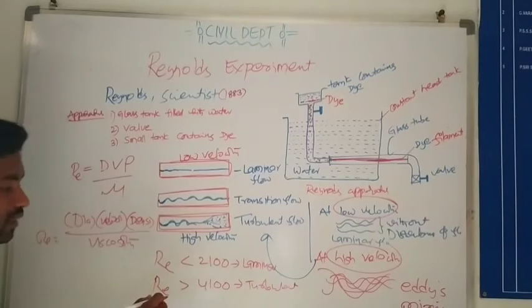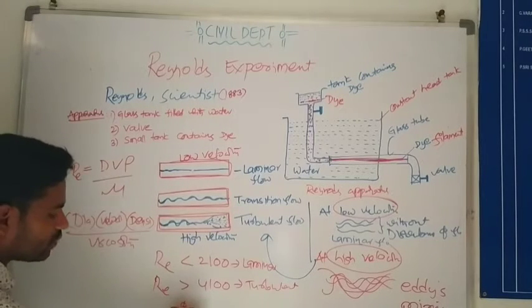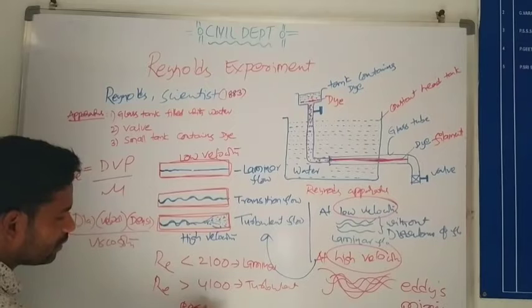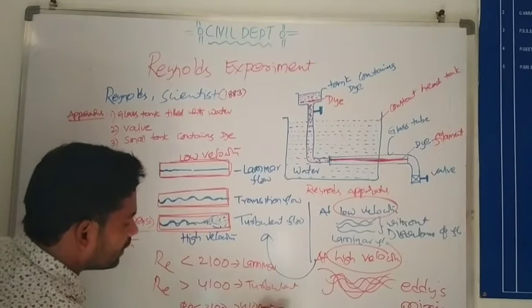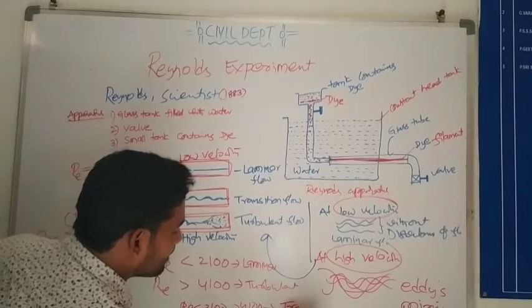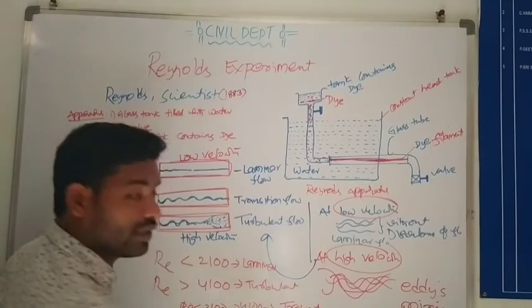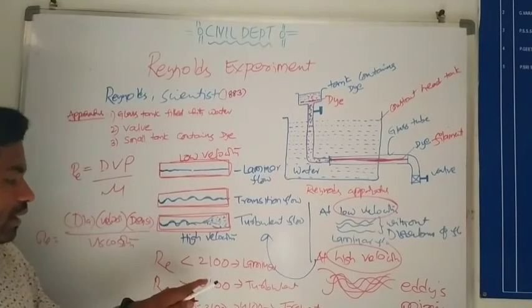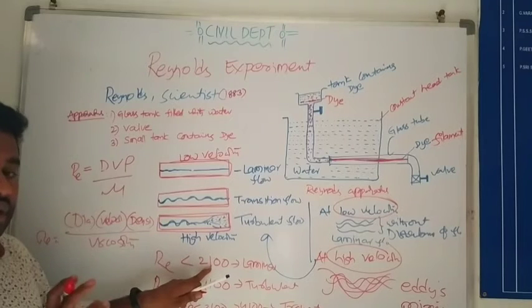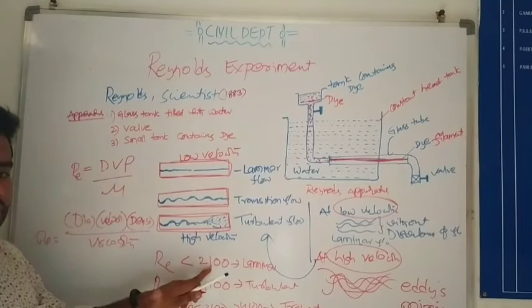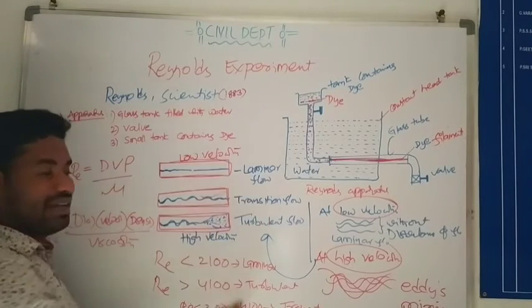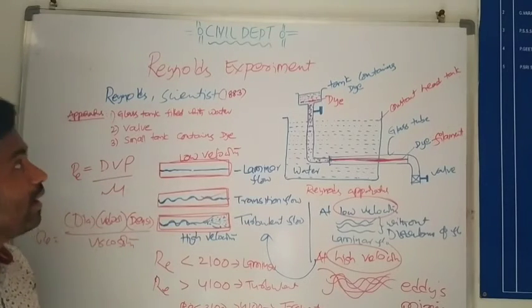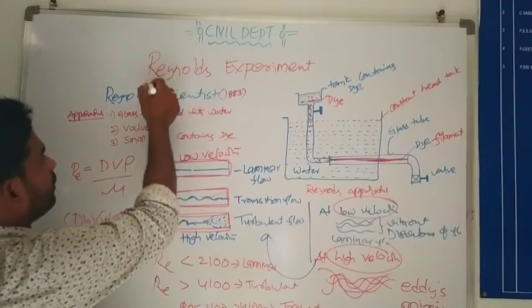If the Reynolds number value is in between 2100 and 4100, that flow is called transition flow. So this is the Reynolds experiment.